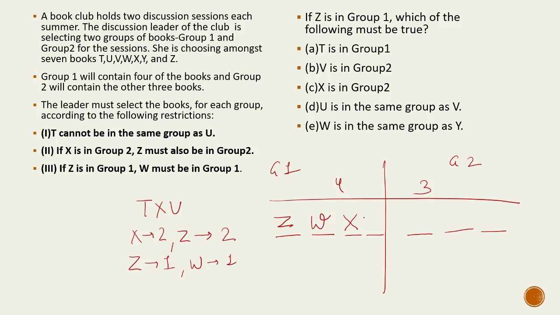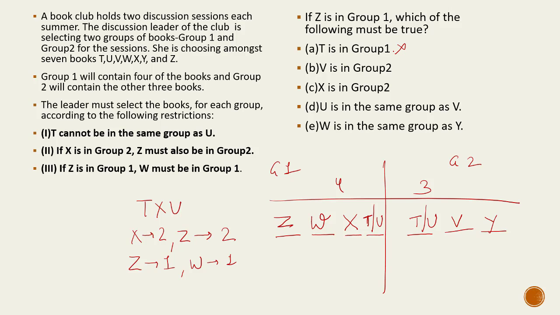And who could be the fourth member of group 1? Anyone among T and U. And the balance members are V and Y. Let's have a look at the options. T is in group 1. I have no surety because T could be in group 1 or could be in group 2. Now V is in group 2.